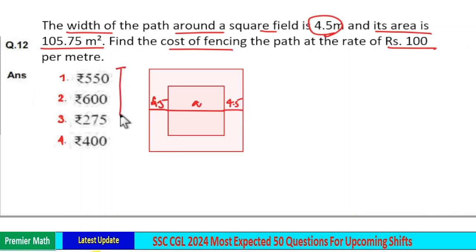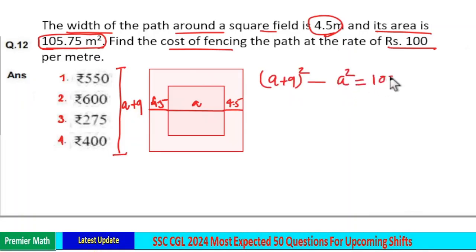Now side length of this larger square is equal to a plus 4.5 plus 4.5, that is a plus 9. And here area of path is given, that is larger square minus smaller square is area of path, which is larger square area is equal to a plus 9 whole square minus small square area is a square, which is 105.75 path area.